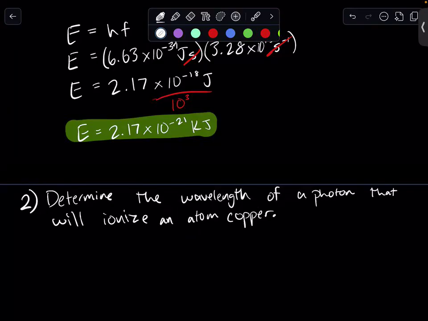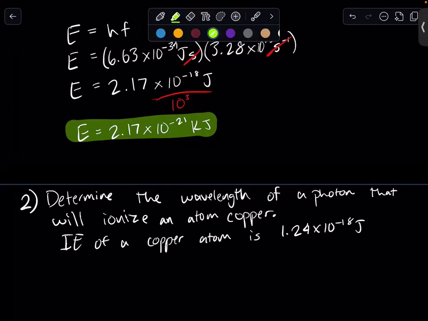We are given that the ionization energy of a copper atom is 1.24 times 10 to the minus 18th joules. Once again, if you want to solve it yourself, pause and then come back. But I'm going to get started. I notice that I'm looking for the wavelength and I'm given the energy.